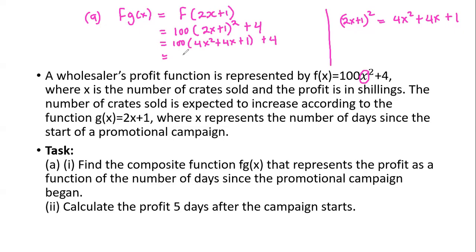That is going to give us 400x squared plus 400x plus 100 plus 4. Then it will give us 400x squared plus 400x plus 104.